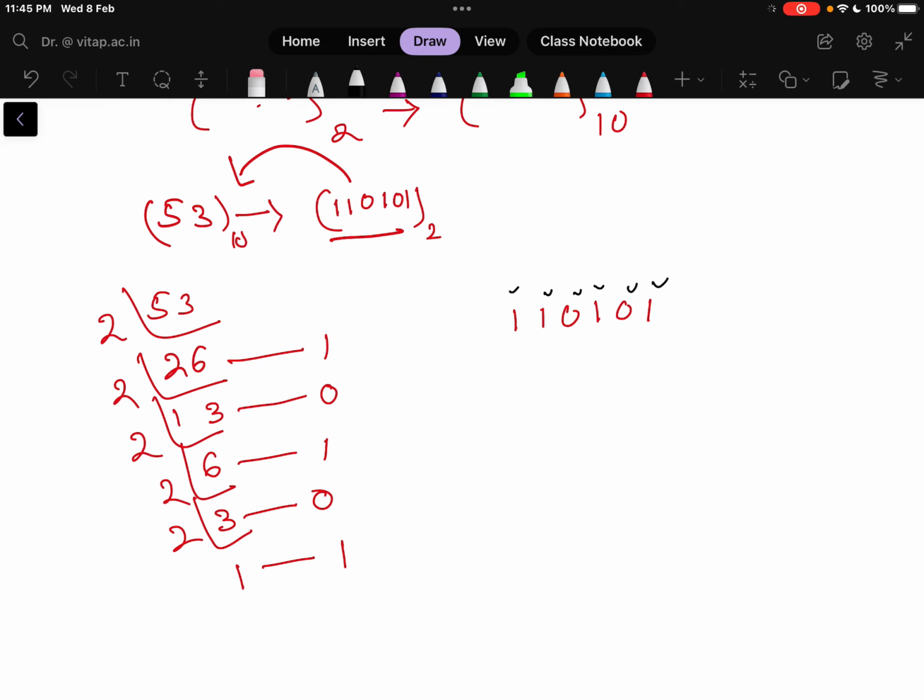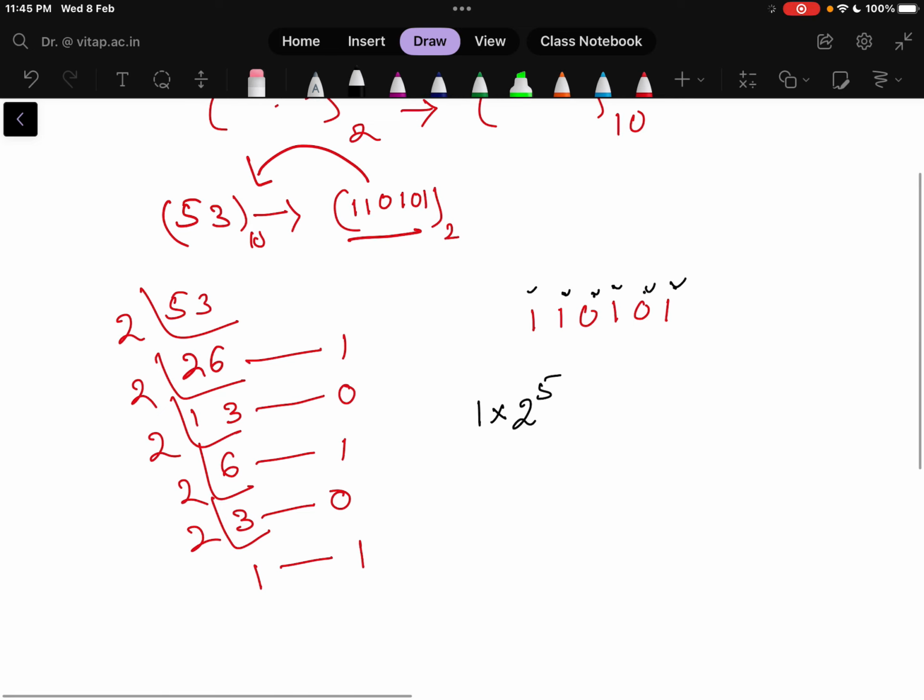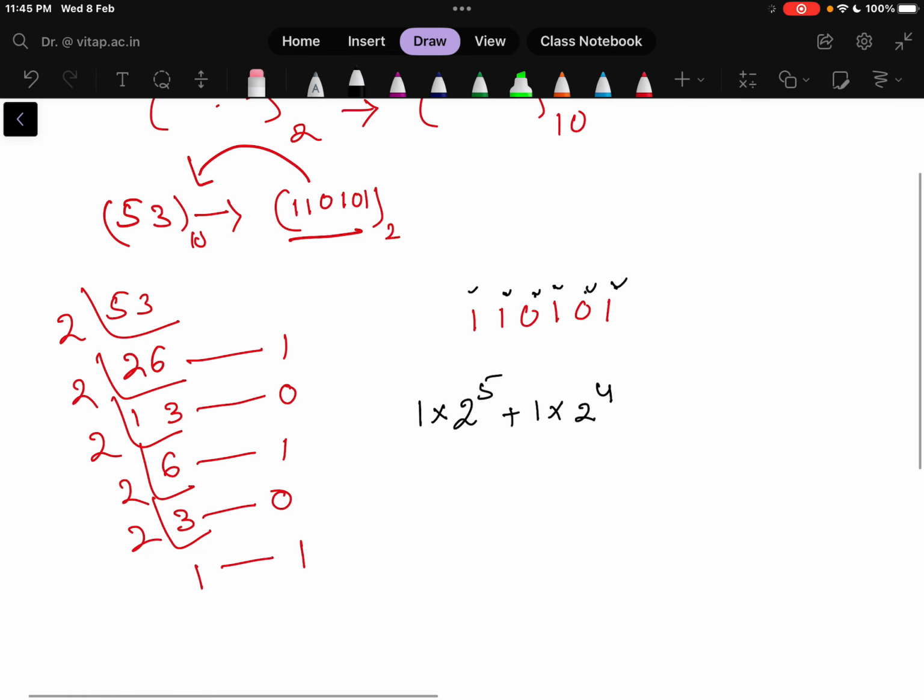So here I will write 1 into 2 to the power 5, since there are 6 digits. You multiply with the base to the power of the place, plus 1 into 2 to the power 4, and so on.